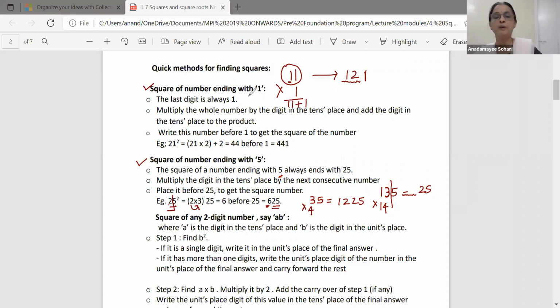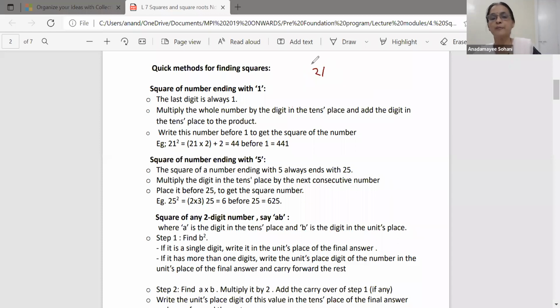Any number ending with 1, units place is 1, multiply the whole number by the number in the tens place, or whatever remains after 1 is removed, and add the same number to it. Suppose I want to find 21 square. 1 will come here.